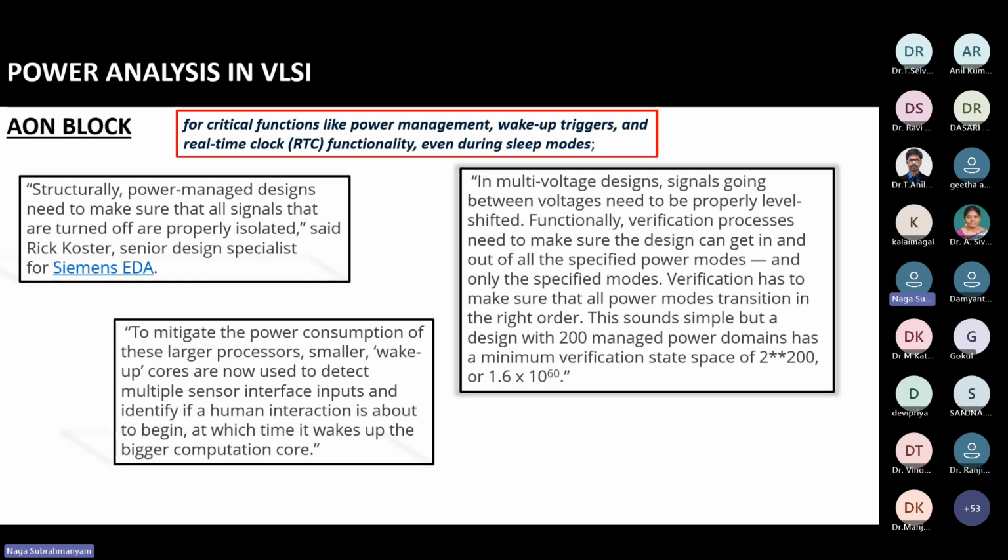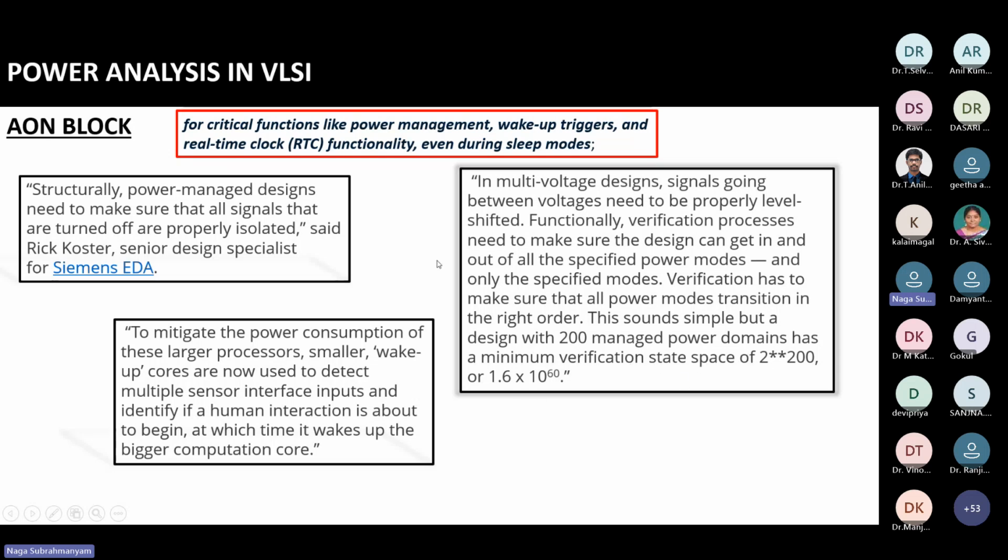Okay, there is a thing called RTC, real time clock functionality, even during the sleep modes. Now these always on blocks will be different when the system is in stop and when the system is on, right? See, I put one example here. See, this sounds simple, but a design with 200 managed power domains has a minimum verification state space of 2 to the power 200.